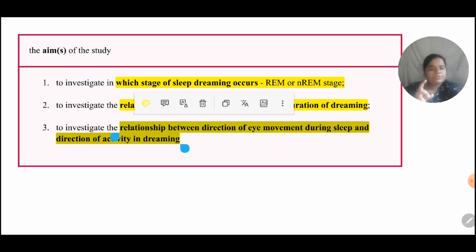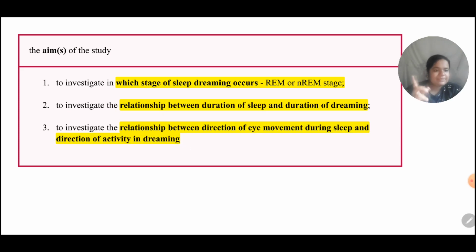And lastly, they wanted to know whether there is a relationship between the direction in which eyes are moving when a person is in REM stage of sleep and the direction of activity that is taking place in his dream content. So these were the 3 things they wanted to establish with their study. This completes the introduction of the Dement and Kleitman study.